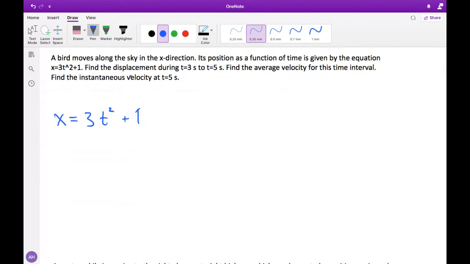Okay, so first let's find our displacement. Let's draw a picture. Well, you can just visualize it. This is our bird, and we know it's flying in this x direction here.